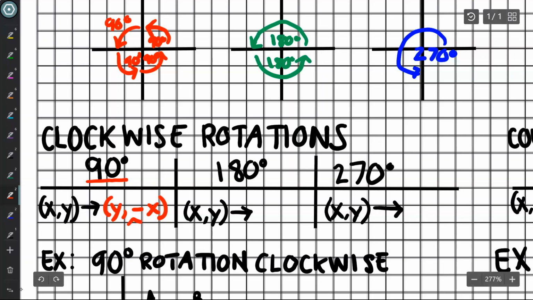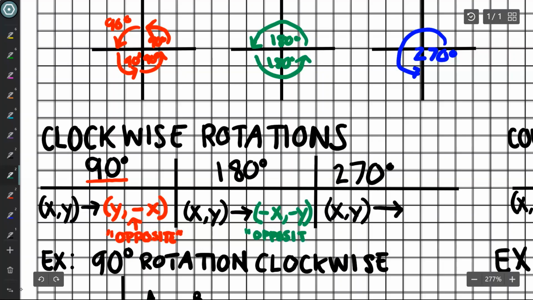So this is negative and we read it as negative, but it really means opposite. So that means if I have a positive x, it's going to change to negative. If I have a negative x, it's going to change to positive. Alright, 180-degree rotation. My x is going to be negative and my y is also going to be negative, or again, opposite.